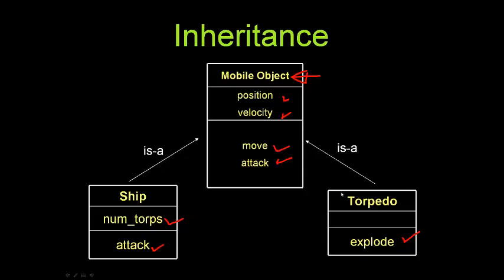Because the way a torpedo attacks, the way a ship attacks is different. So if the torpedo uses this attack, then the ship needs to use a slightly different attack. So it contains its own attack method. So the general idea of inheritance is that we want to exploit the common structure, right, between objects in order to share code and to reuse code.